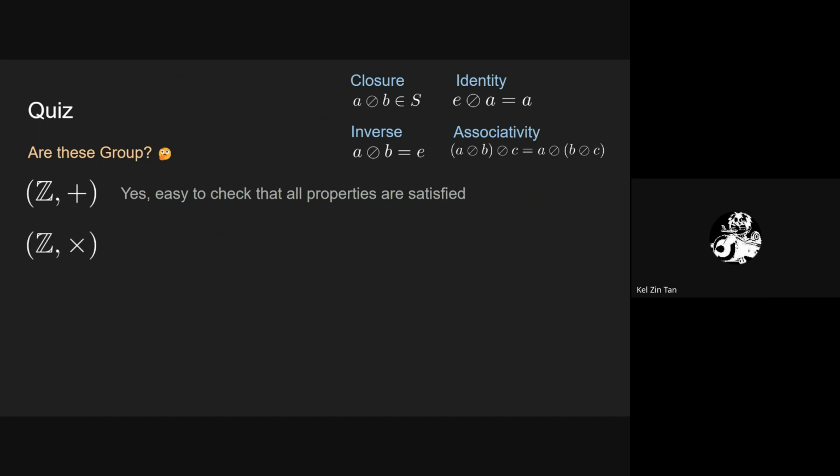Perhaps a not so trivial example, would this be a group? Okay, so let me end the previous poll and start a new one. So this is the operation multiplication on the integer set. So is this a group or not?